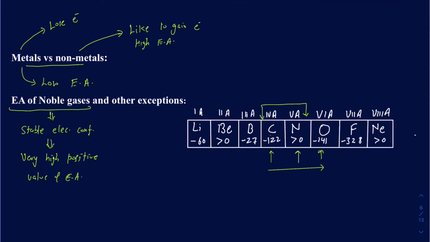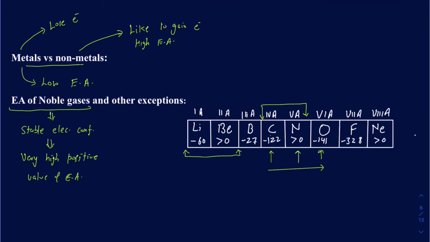In addition to that, the other one I want to focus on is group 1A and group 2A. As you're moving in the same group, we expected that electron affinity should become more negative. So beryllium should have a more negative number for the electron affinity than lithium.